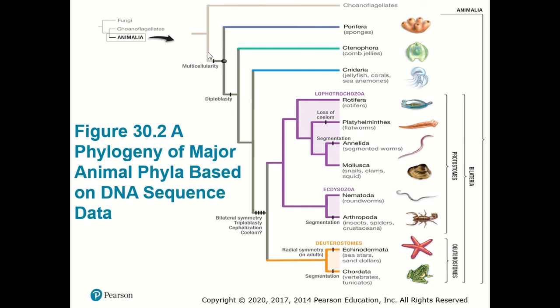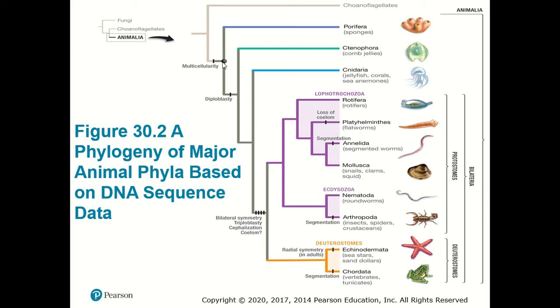But keep in mind, from left to right, the time period is about 900 million years, spanning from multicellularity all the way to essentially now. So here is the point where multicellularity originated.